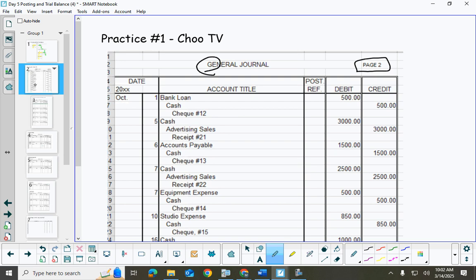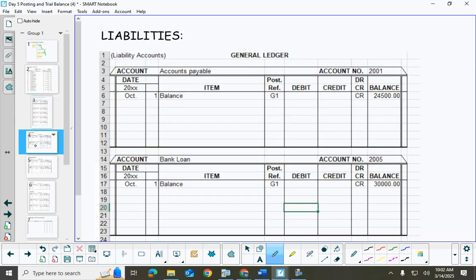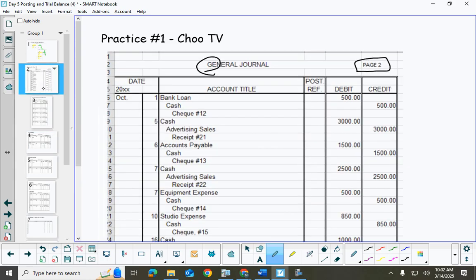Okay. So remember how the general ledger had those tabs at the bottom? You would click the liability tab and you would find the bank loan. So this is under the liability tab. Again, it was October 1st, check number 12, and it was debit 500.